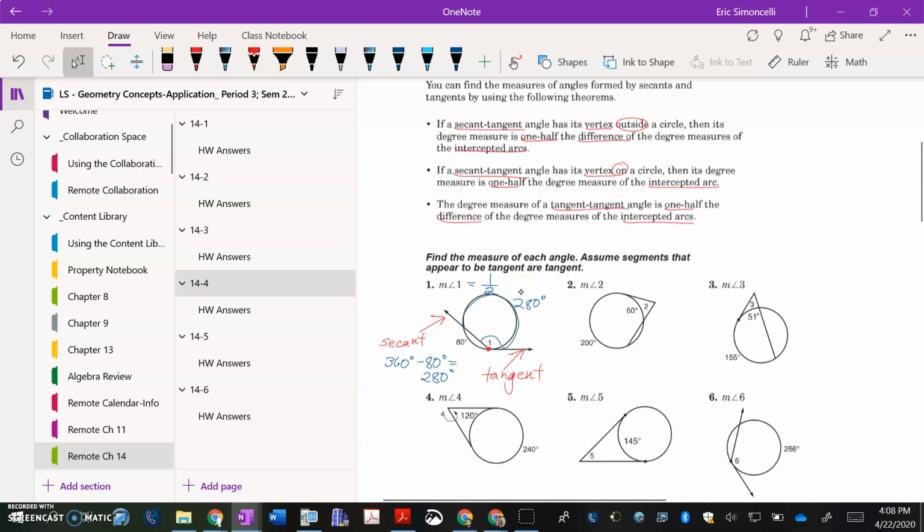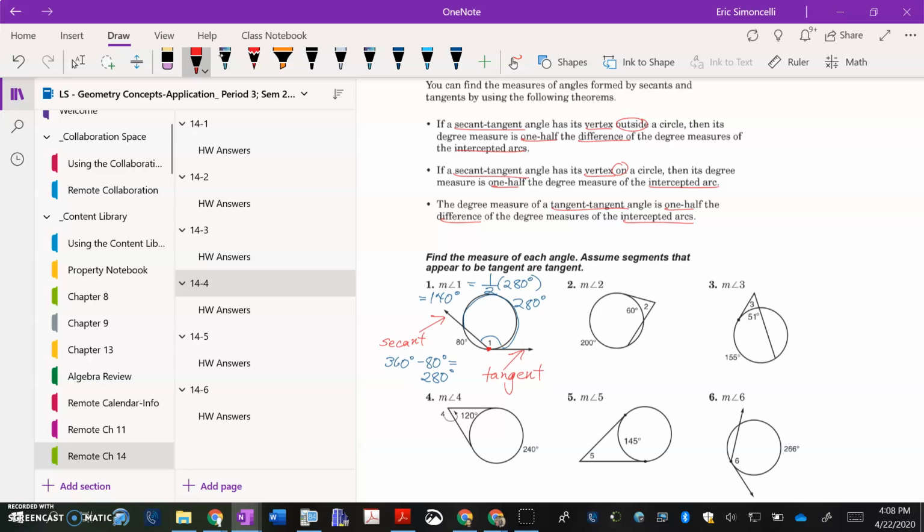That is the intercepted arc that we're going to be applying the math to, which is 1/2 of simply 280. So the measure of angle 1 simply ends up being half of 280, like I said, so 140 degrees.